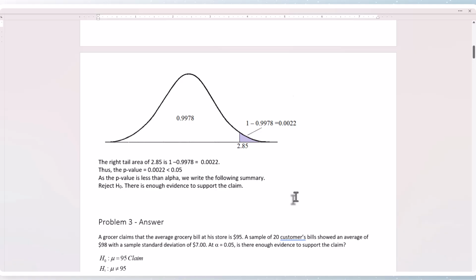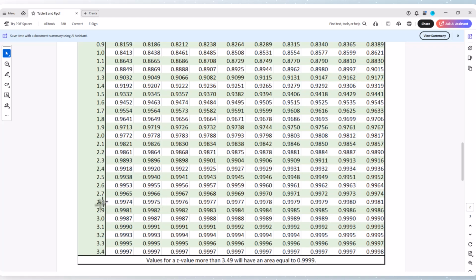So there's two ways of getting the p-value. If you have the graphing calculator, we just saw that it's 0.0022. But if you do not have that graphing calculator, then you have to look up the area for 2.85 in table E. So we have 2.85. That's 0.9978. That's the area to the left of that Z value.